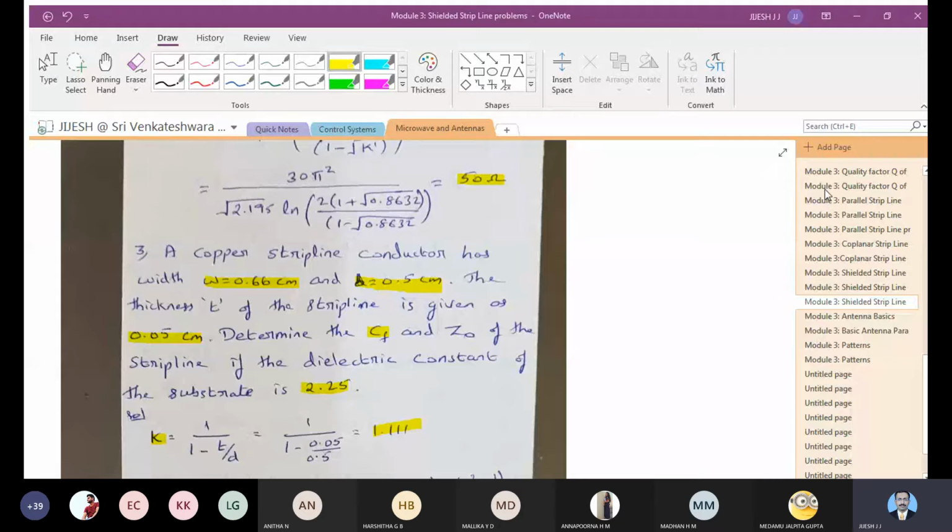So still another 10 to 15 are there. You just inform them that they should be active in the classes. Okay. So all of you can just put your hands down, and we will complete that problem. So be active in the class.